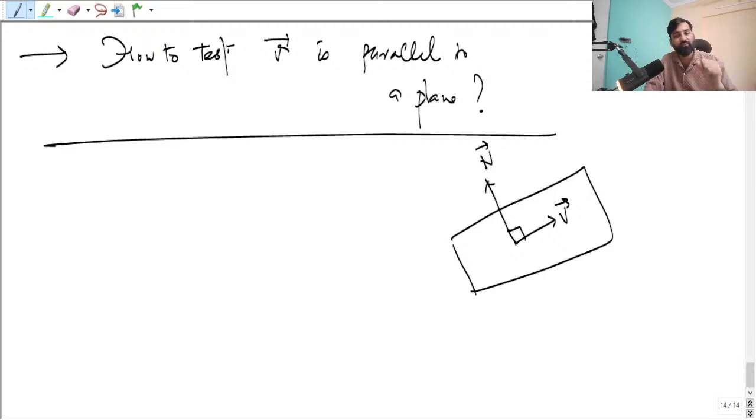Parallel to a plane means it is perpendicular to the normal. If it is not perpendicular to the normal, then it is not going to be parallel. So v and n are not perpendicular, meaning v is not parallel to n.